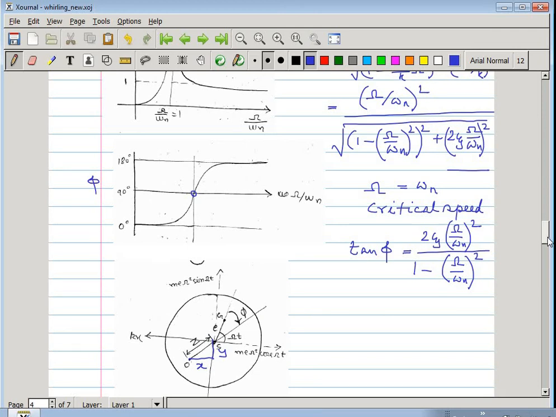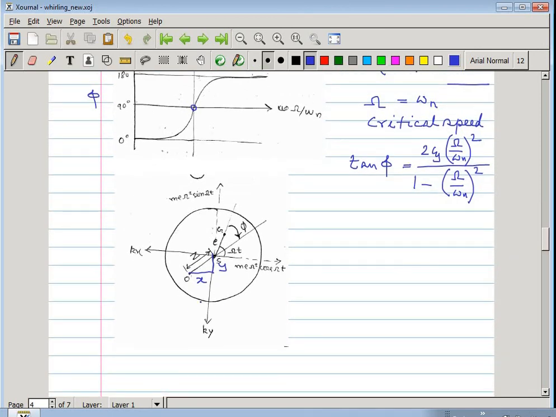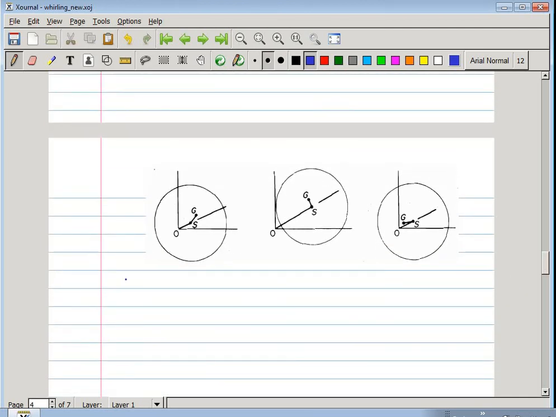Now a little bit of explanation. Here we have already drawn this figure. Here you see this is for omega by omega n much smaller than 1. Then phi is very small, and this is omega t.